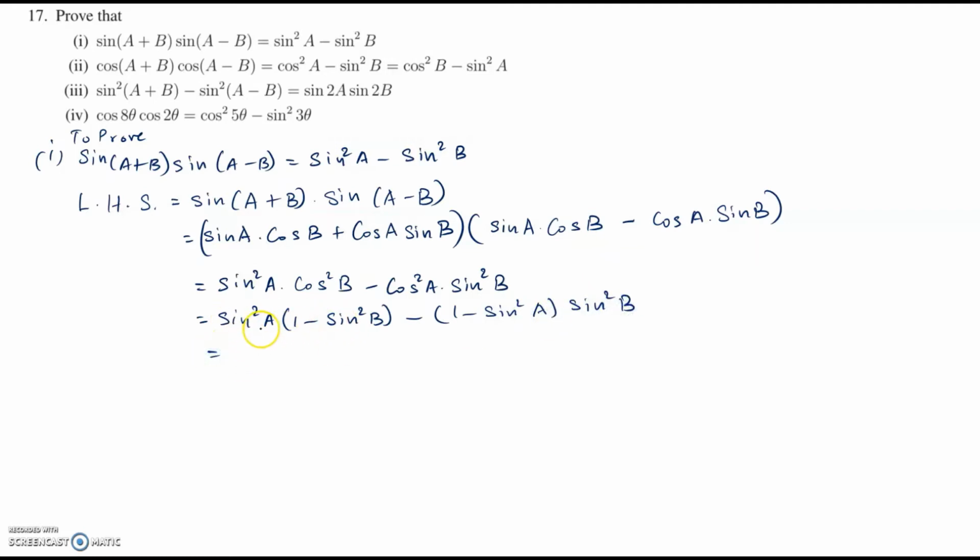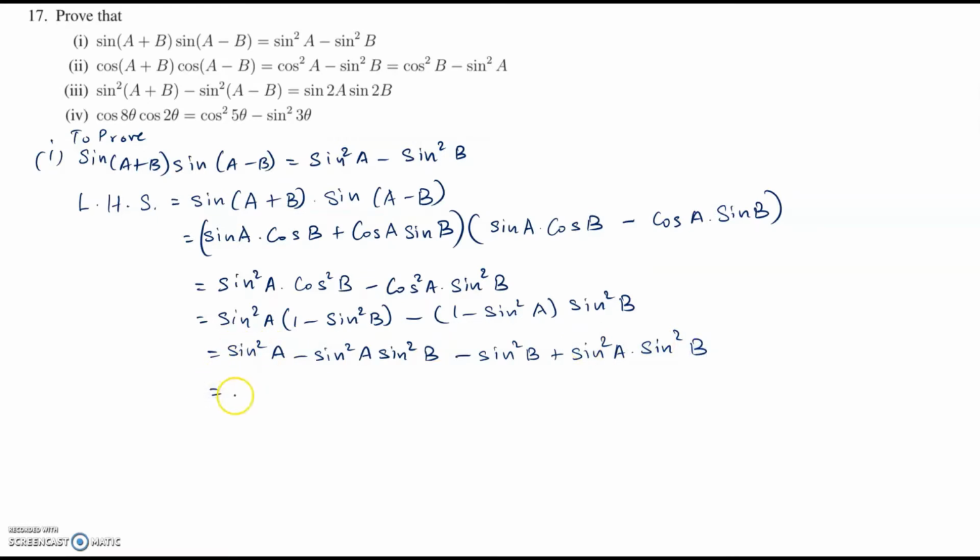Now let's multiply the terms which are outside and remove the brackets. So this becomes sin squared a into 1, which is sin squared a, minus sin squared a into sin squared b, minus 1 into sin squared b, minus into minus plus sin squared a into sin squared b.